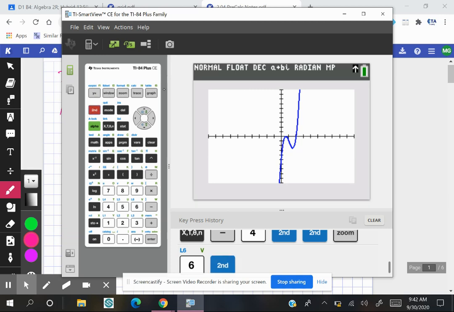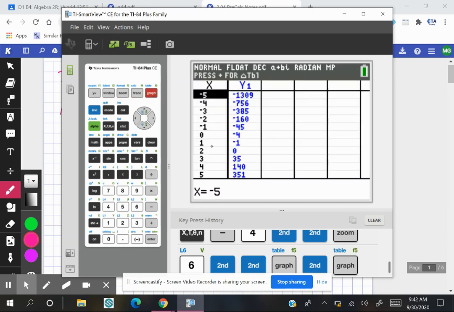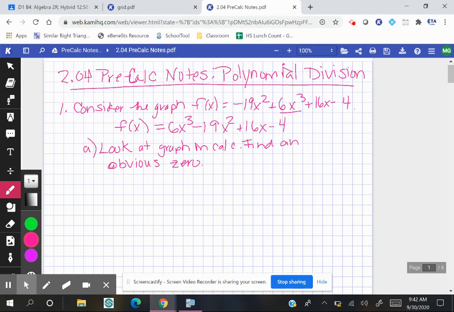So I'm just going to verify on my table and see if I have any zeros in there. So at 2 right here, you can see I have the point 2, 0. So looking at this, I know that I have a 0 at x equals 2.